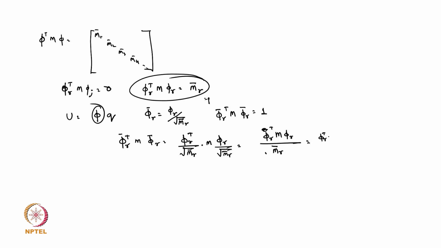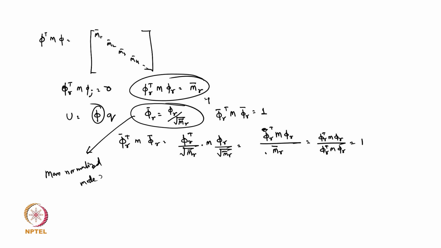So phi r transpose m phi r divided by phi r transpose m phi r equals 1. That is why you have to scale this way to get a mass normalized mode shape. Make sense? Do you understand why you have to divide by the square root of that?